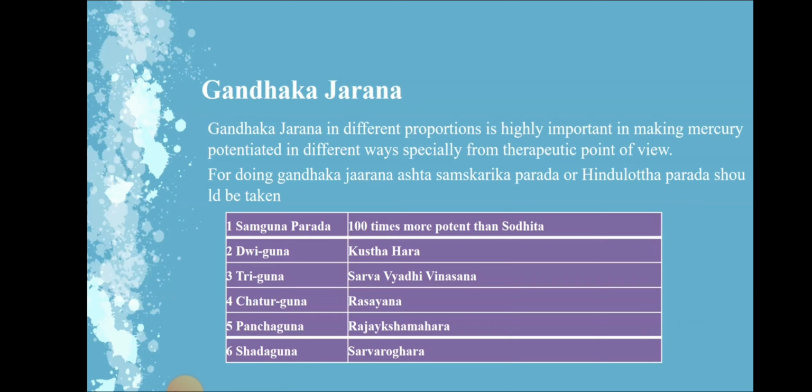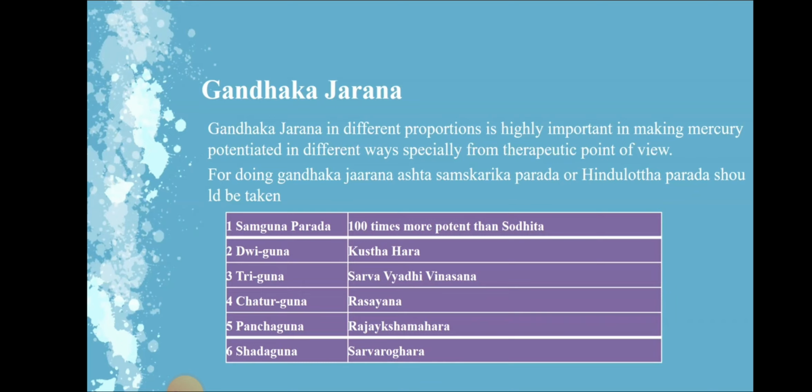The process of Jarana is done as follows: place an earthen bowl of suitable size in a Valuka Yantra. Valuka Yantra is used for the purpose of heating, and then an earthen or an iron bowl is placed on it. In that bowl, one part of purified sulfur is added, and heat is given in the Valuka Yantra.